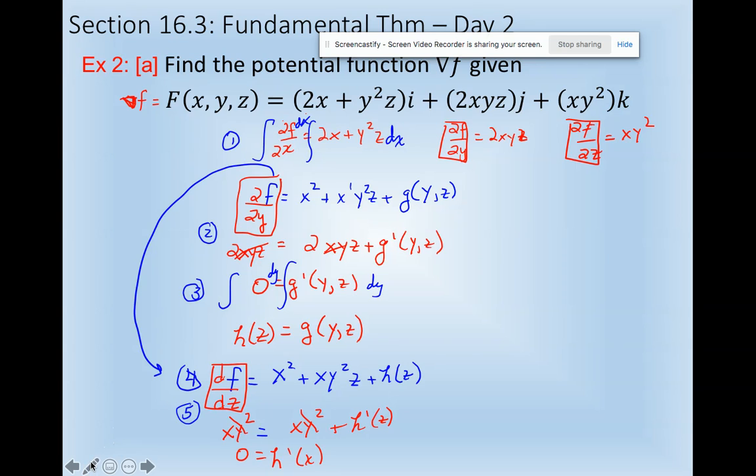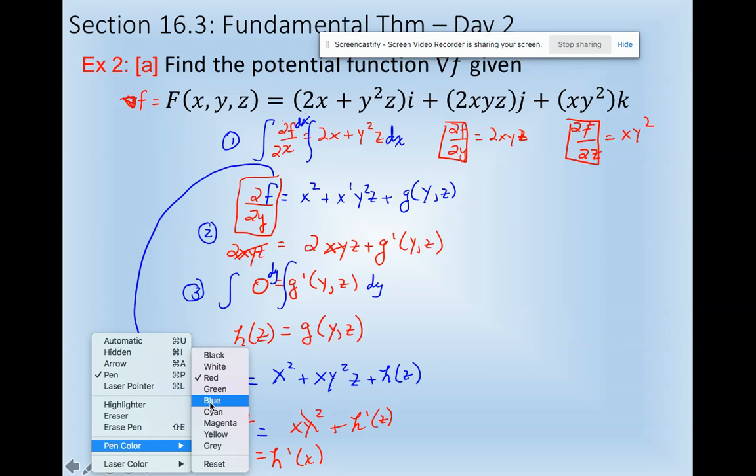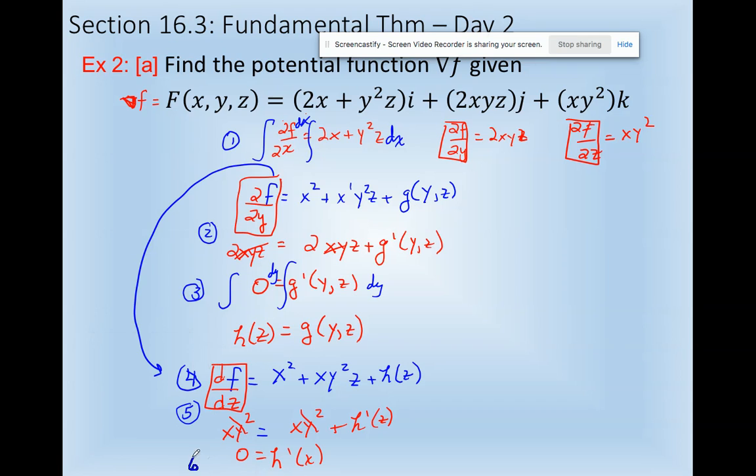Nope. I was after h, so anti-differentiate both sides with respect to z. That's a z. I know I wrote an x, but you know it's a z. And when you do that, you get c is equal to h of z.